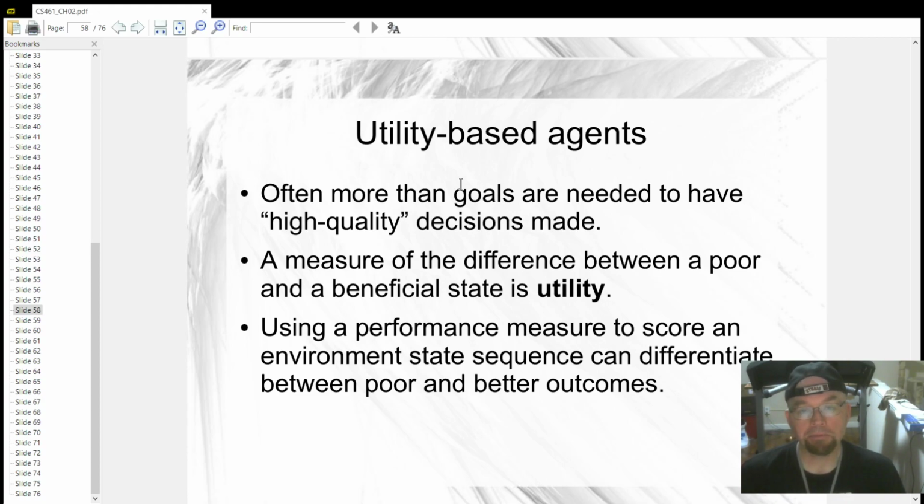Okay, so if one decision leads to state A and another decision leads to state B, the difference in the quality between the poor state A and the better state B, that is a measure of utility. Okay, we call that utility. So it's a performance measure. Okay, it's a performance measure that is measuring the outcome, the benefits of one state versus another.